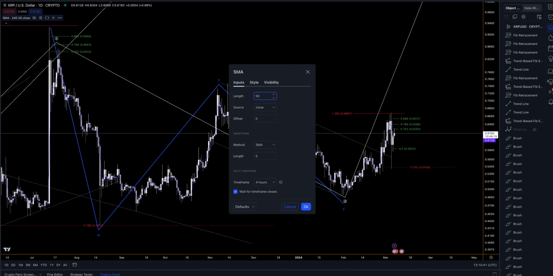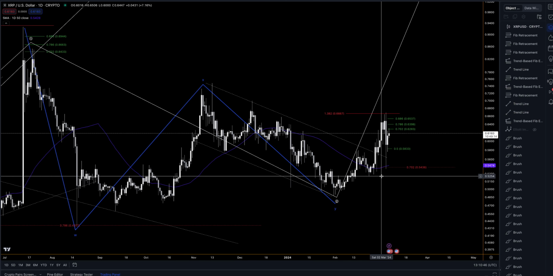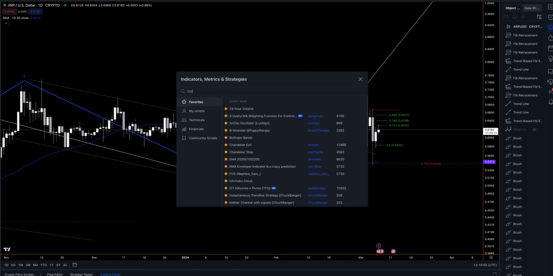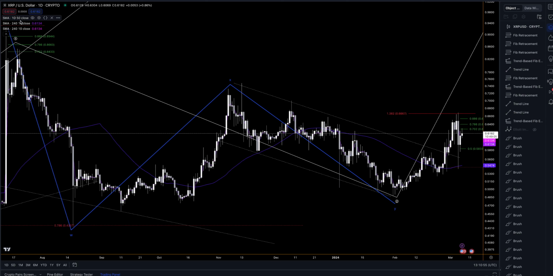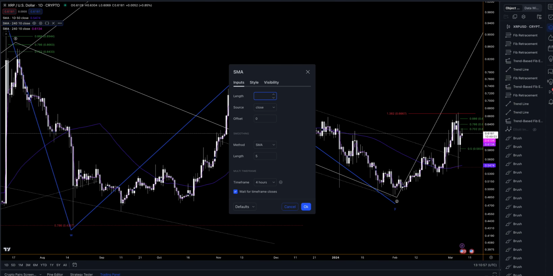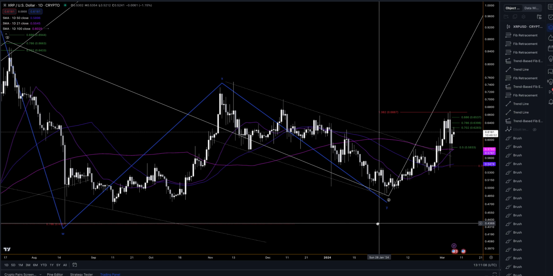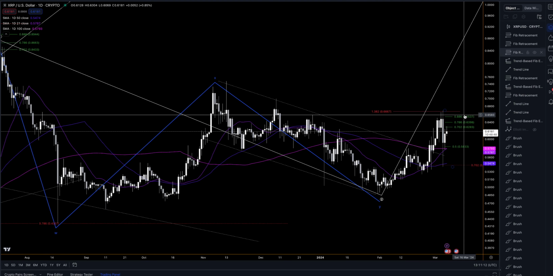So let's take a look at the 50-day SMA, and you can see we perfectly hit it over here. We're also above the 21-day and the 100-day as well. We're about to have a golden cross over here with the 50 and the 100.